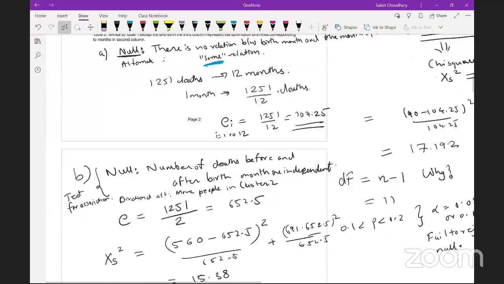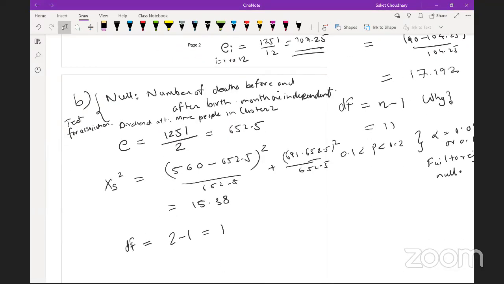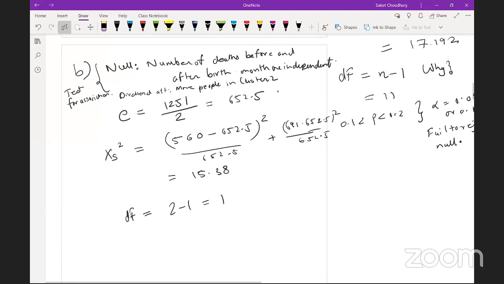In the second problem, we have become more focused and are looking for association between the birth month and the death month in just two categories, whether the death month happens before or after the birth month. So the degrees of freedom are very few.